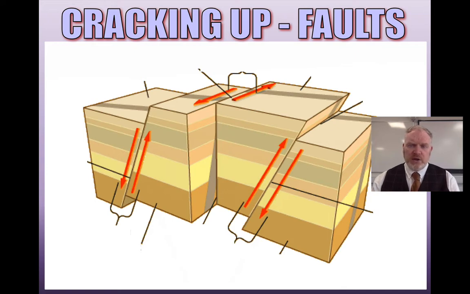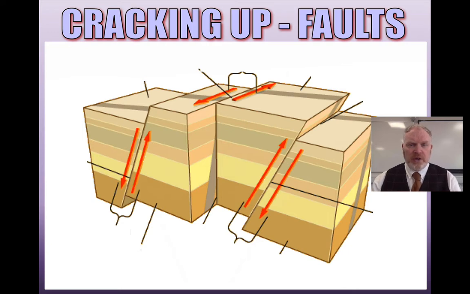But I want us to add to those labels. I'd like you to annotate them to explain what each of these features to do with faults actually are. So as I go through and explain them, I want you to be making notes in the space around your diagram.